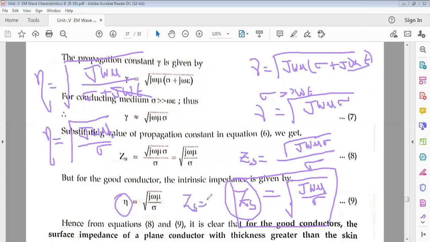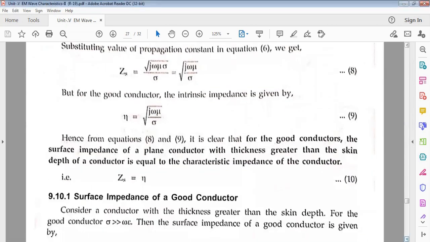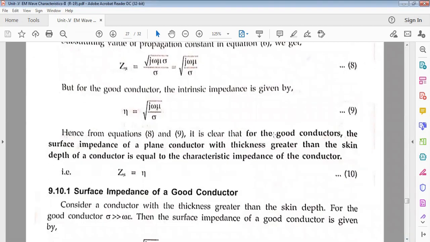Zs is equal to the intrinsic impedance. Got it, my dear students? As per equations 8 and 9, the surface impedance and the intrinsic impedance, it is clear that for good conductors, the surface impedance of a plane conductor with a thickness greater than the skin depth of the conductor is equal to the characteristic impedance of the conductor. Zs is equal to eta.